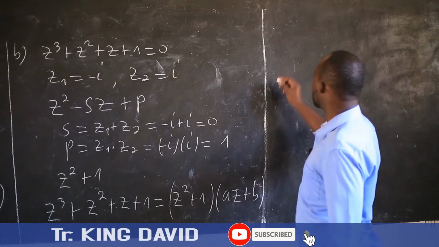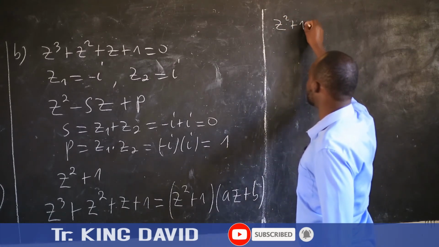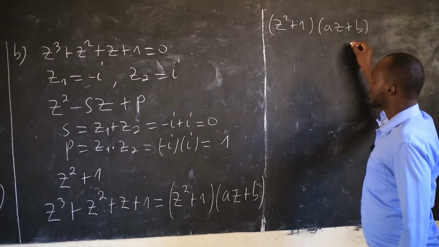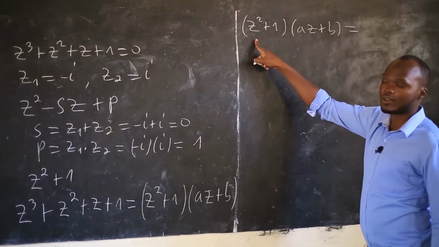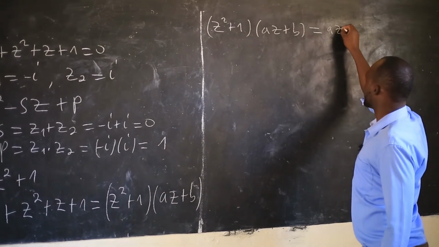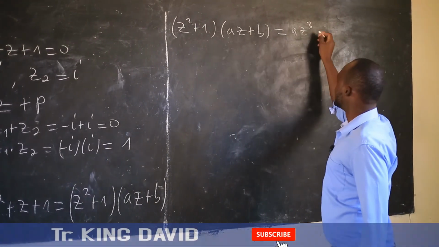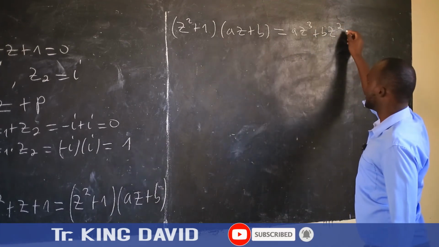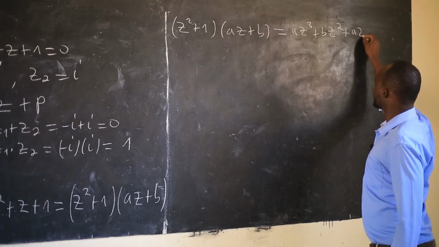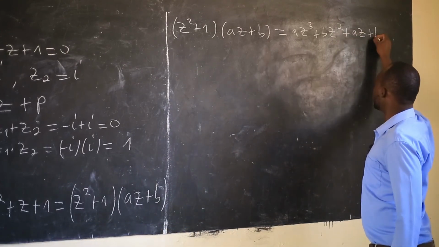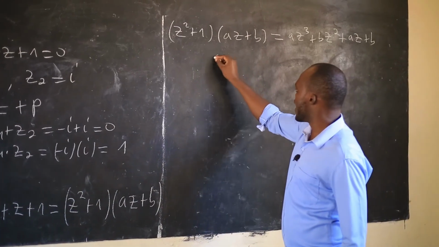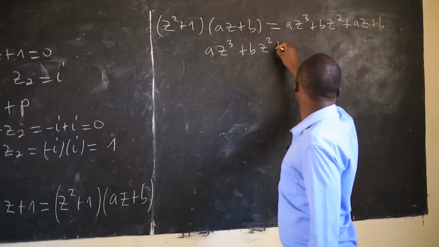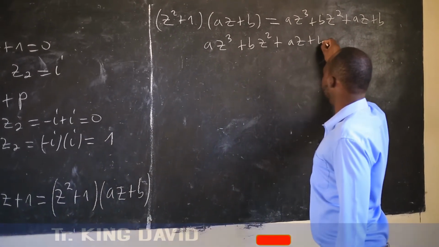So when you expand (z^2 + 1)(az + b), we get z^2 times az, that is az^3. z^2 times b, that is bz^2. Then 1 times az, that is az. 1 times b is b. So now that polynomial is az^3 + bz^2 + az + b.